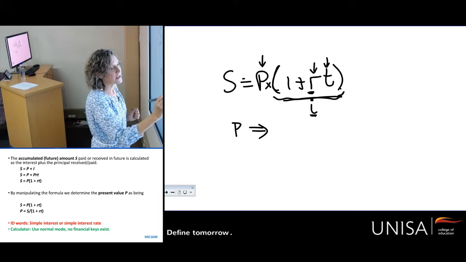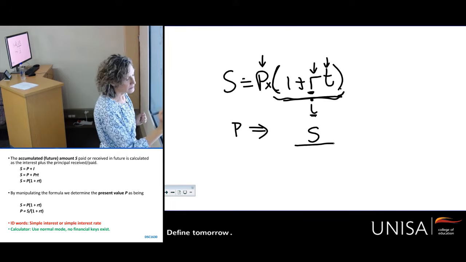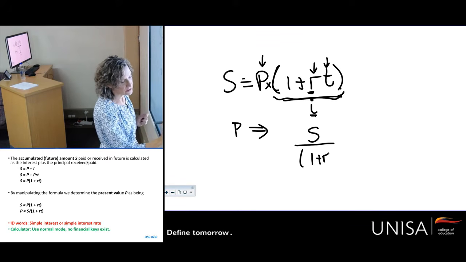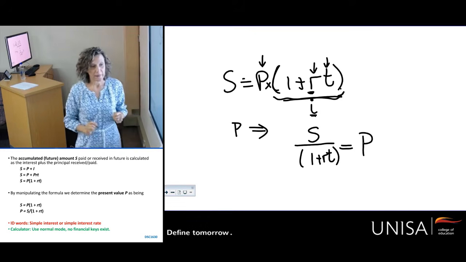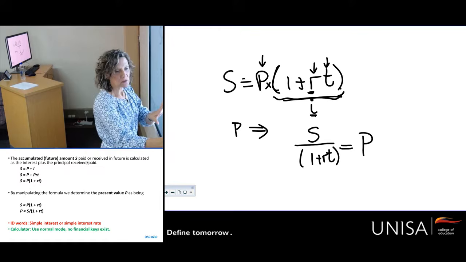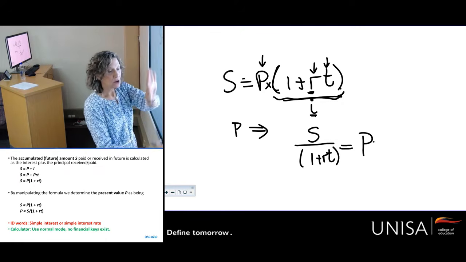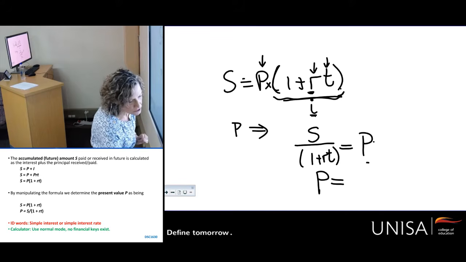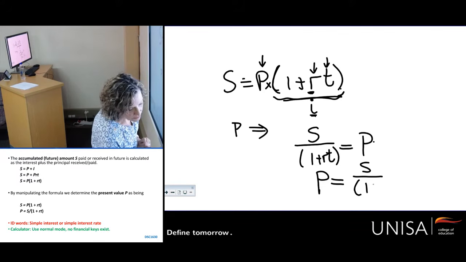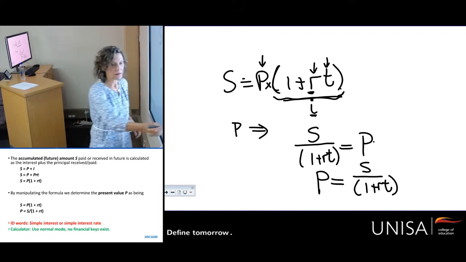So S divided by (1 + RT) will then be equal to P. Right. Now because of the equal sign, we can change it around. It's the same as P equals S divided by (1 + RT).